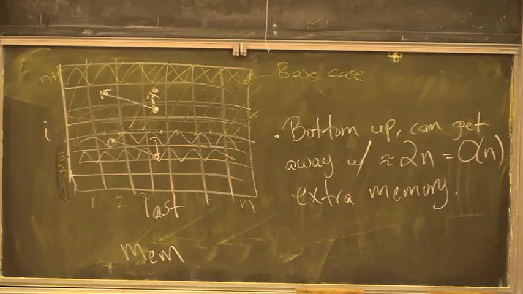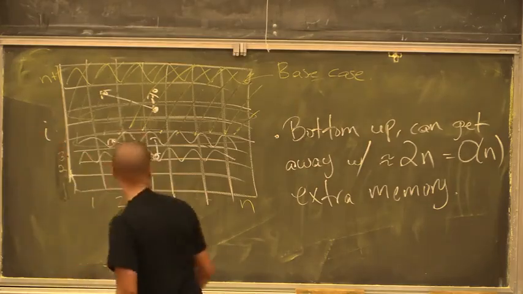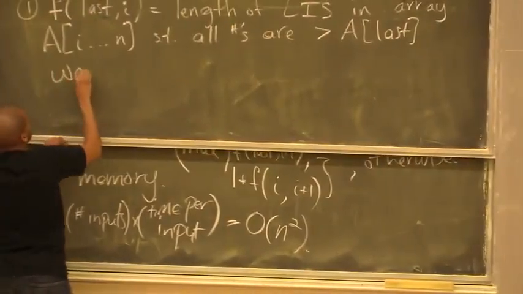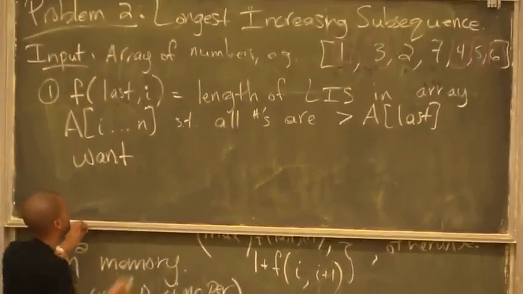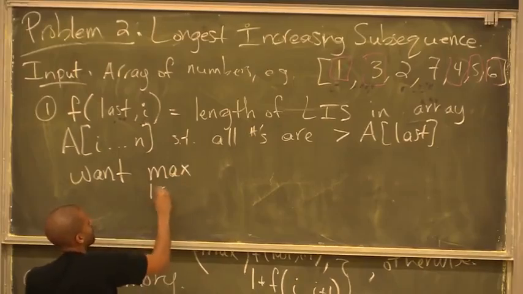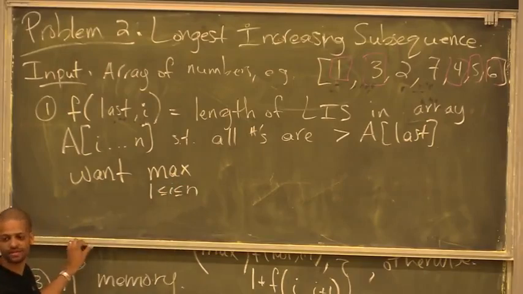Questions about that? Yeah. It would still be n squared, because at the end of the day, what do you want, right? Oh, I should have said that up there. When you write down that function f, you should also always ask yourself, what do I want to call f on? So what do I want to call f on here? I want, for example, the max over all I between 1 and n. I don't know where the LIS is going to start, right?